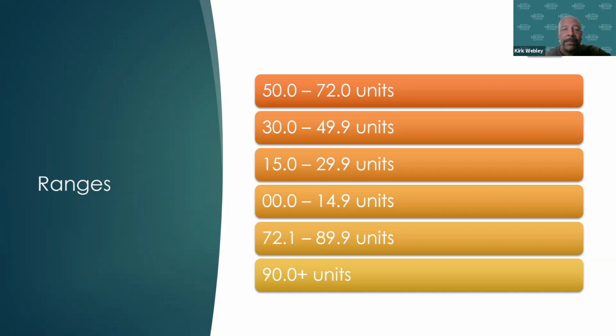Our fifth group in terms of range is for those individuals who have completed 72 to 89.9 units. As you increase your units now, coming to that point of 72, our district looks at it as you've had the opportunity to complete coursework, and they begin to drop your priority status.